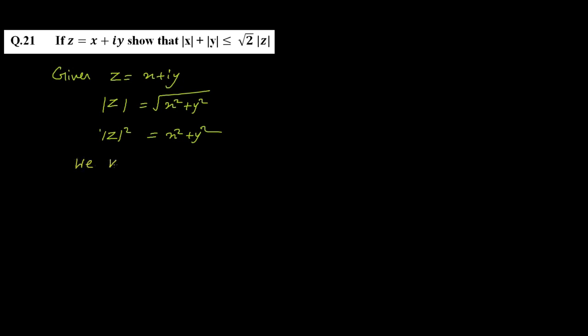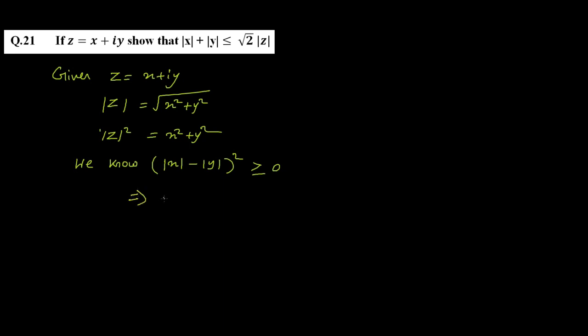We know (mod x minus mod y) whole square is always greater than or equal to 0. Okay, there is no confusion, right? Because if you take the square of any number, the minimum value will be 0 or it will be positive, but it can never be negative. So something square is always greater than or equal to 0.